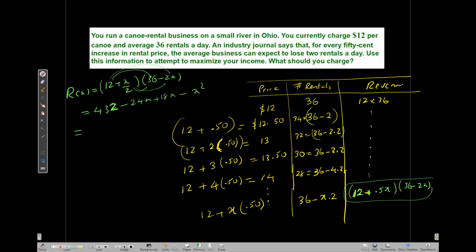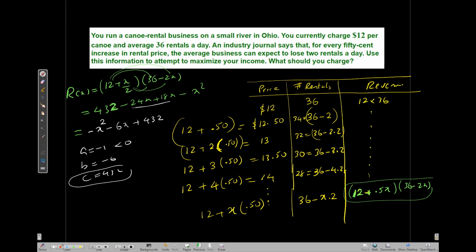So writing in the general form, minus x squared. From these two I have minus 6x plus 432. So a is negative 1, b is negative 6, and c is 432, and we don't care about that much of this.